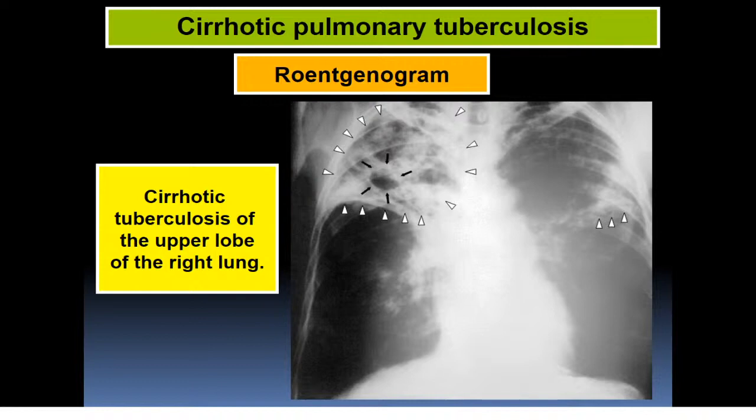On this X-ray, the upper part of the right lung is also affected, decreased in size. We can see a shift of the interlobar fissure upward as a result of formation of cirrhosis in the upper part of the lung.